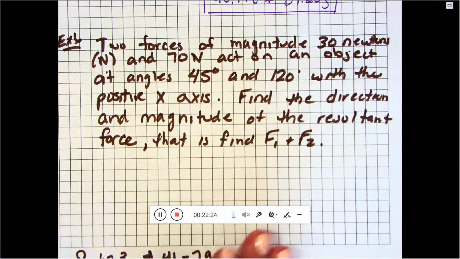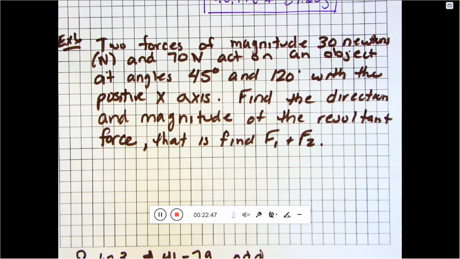Two force vectors of magnitude 30 newtons and 70 newtons, and newtons is a scientific term we use for force, act on an object at angles 45 degrees and 120 degrees with the positive x-axis. Find the direction and the magnitude of the resultant force. So we have two forces acting on an object.